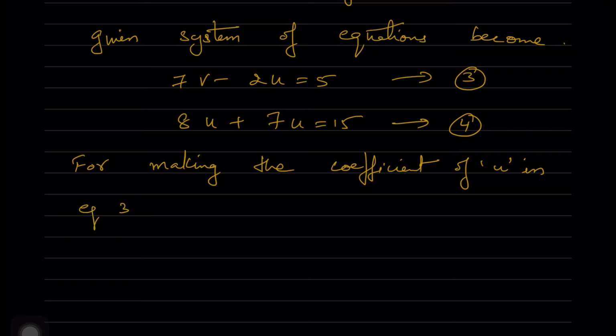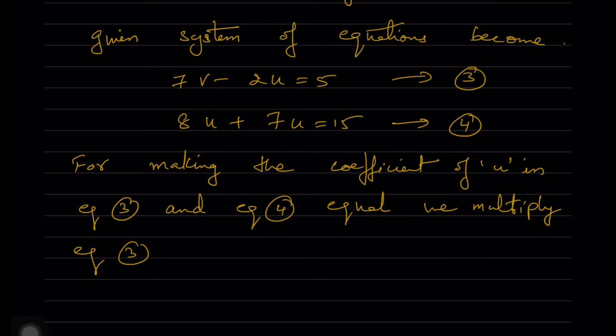So for making the coefficients of u in 3 and 4 equal, we multiply equation 3 with 7 and equation 4 with 2.